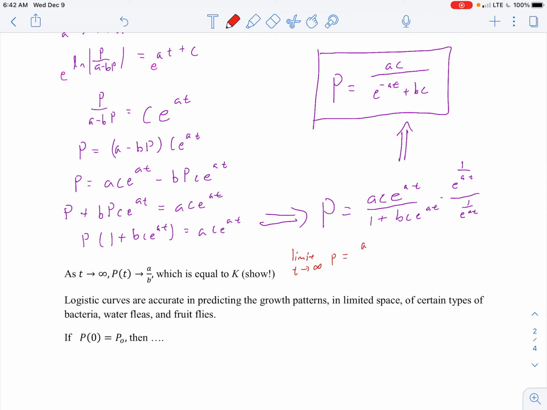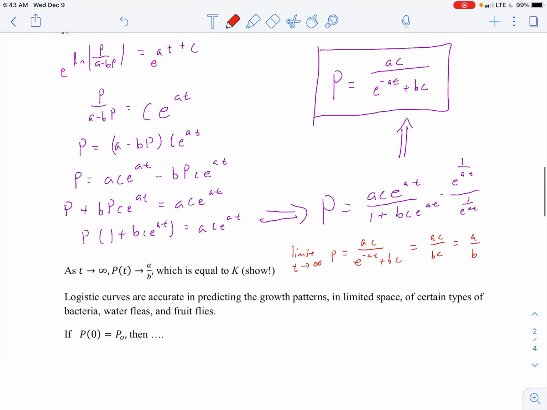Well, P is just AC over e to the negative AT plus BC. Well, as t goes off to infinity, that term is getting closer and closer and closer to 0. So therefore, since that's tending towards 0, we're left with AC over BC. C's cancel each other out, and so A over B is going to be our carrying capacity.